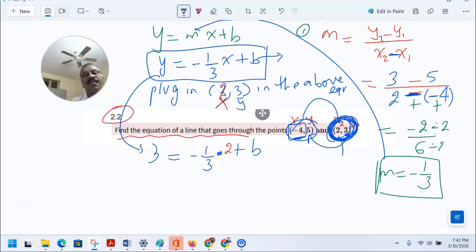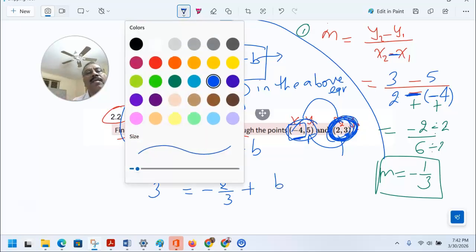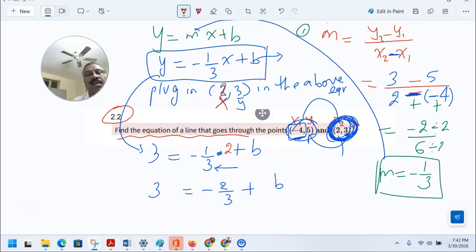Now, because there's a fraction with a denominator 3, we'll write one more step here. You could do it directly. So this will be -2/3 plus b. To solve for b, we get rid of the fraction. There's a 3 there. The multiplication property of equality says if you multiply the left side, you also have to multiply the right side. So everywhere you multiply by 3.